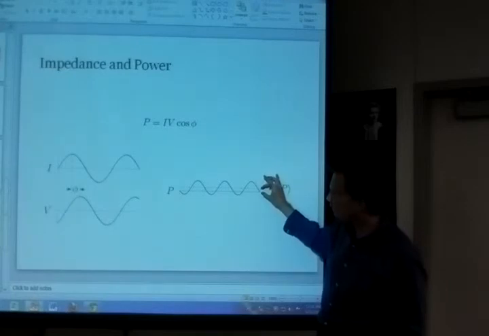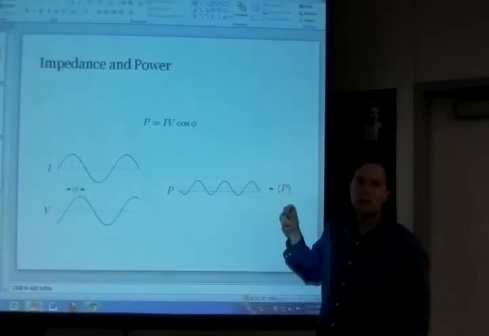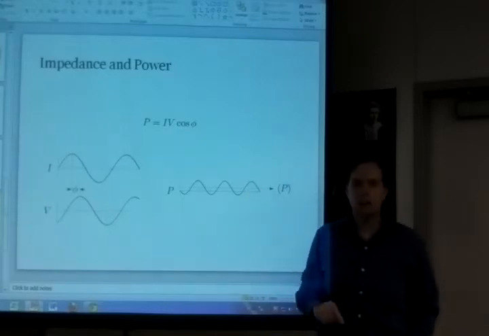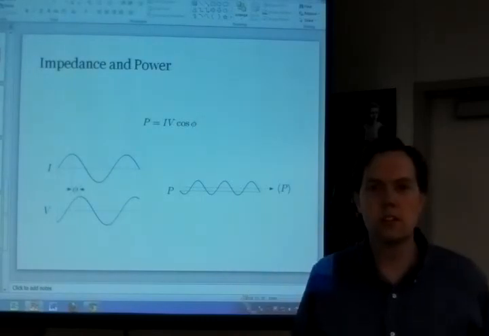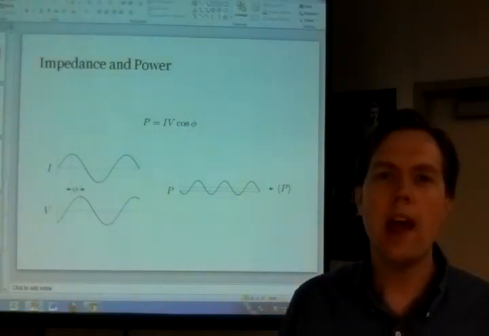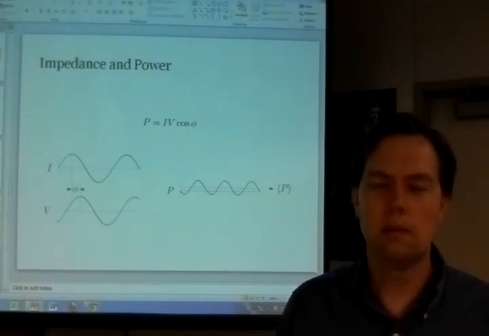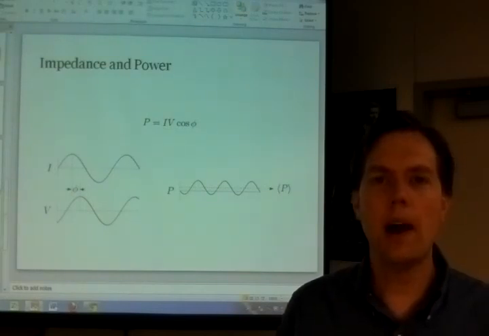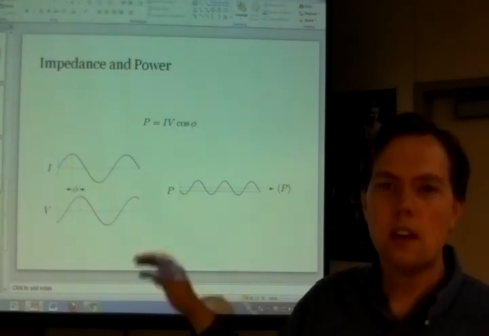And because it's shifted up a little bit, we have a net consumption of power. And like I've been saying, this is really due to the resistor. And so it's interesting that using these phasors, we capture information in both the magnitude and the direction, which gives us the impedance, or the relationship between voltage and current, and the power consumed is connected to the angle.